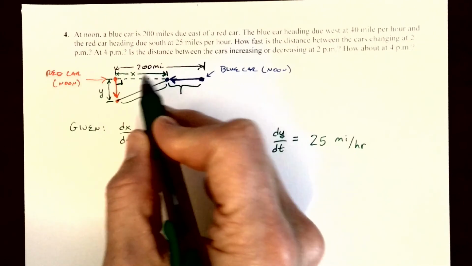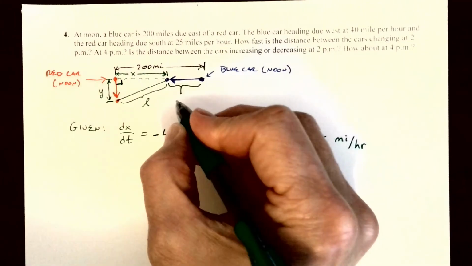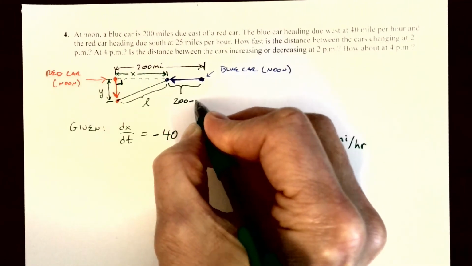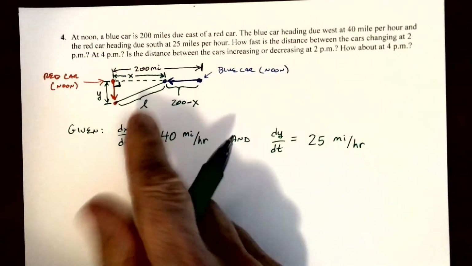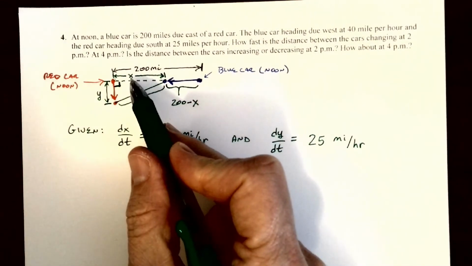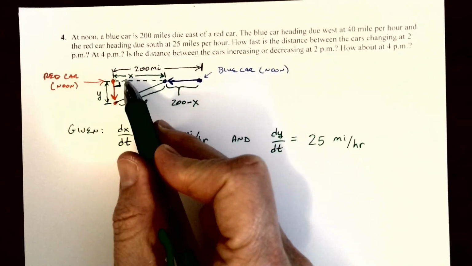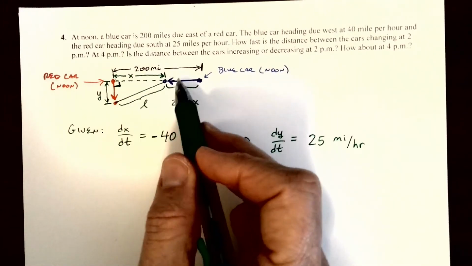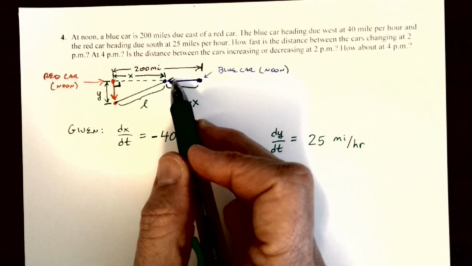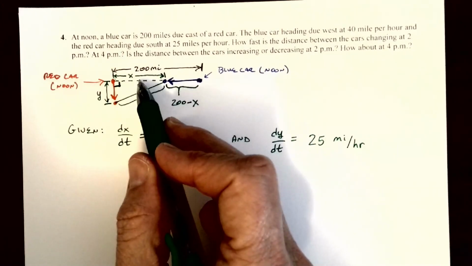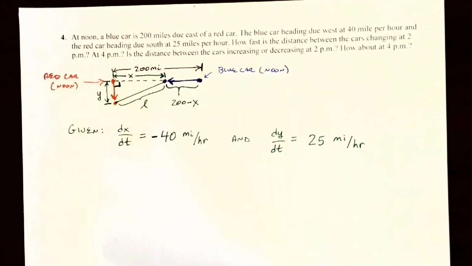So if this length is x, then this length is going to be 200 minus x, whatever's left over. So if x is 70 miles, if there's 70 miles now from the blue car to the red car, that means the blue car must have traveled 200 minus 70, 130 miles. So when x is 70, this length would be 200 minus 70, or 130.